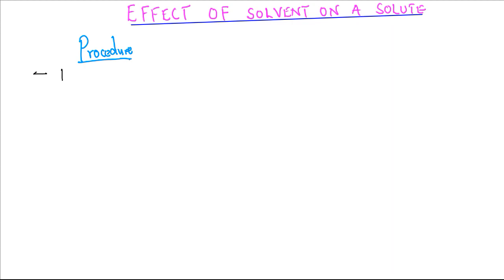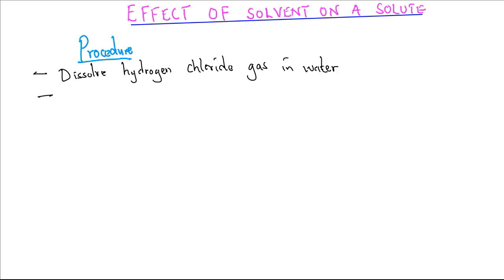Dissolve hydrogen chloride gas in water. Divide the solution into 3 portions.